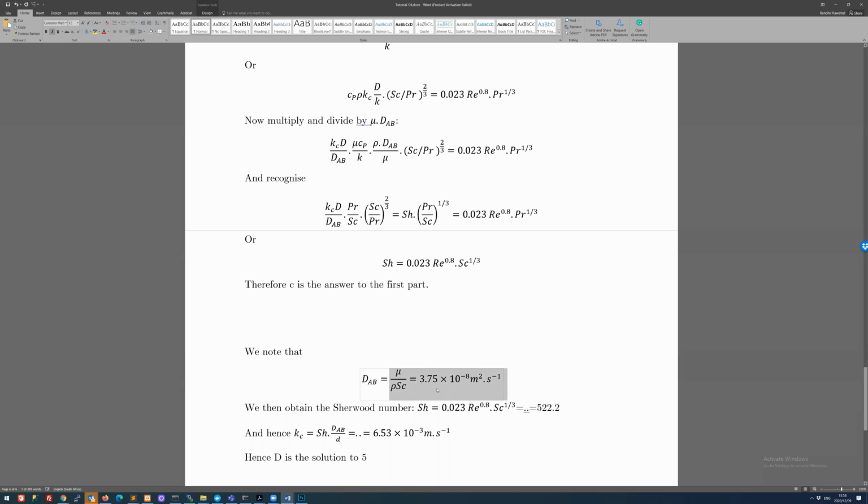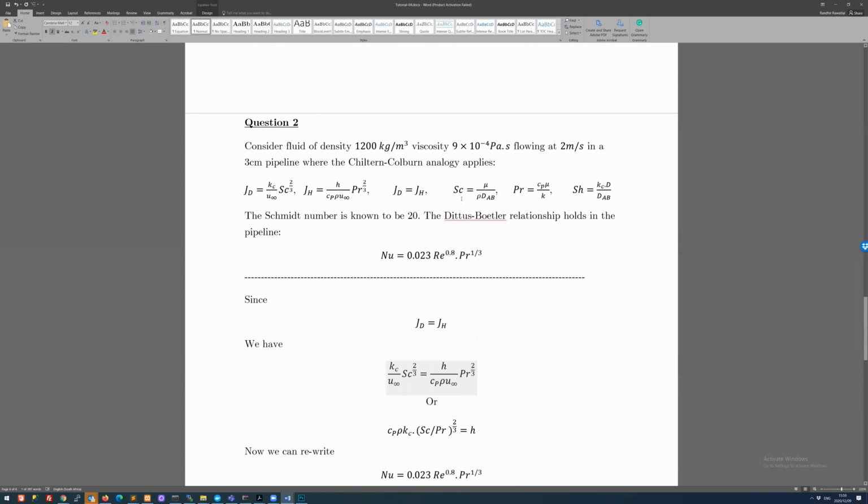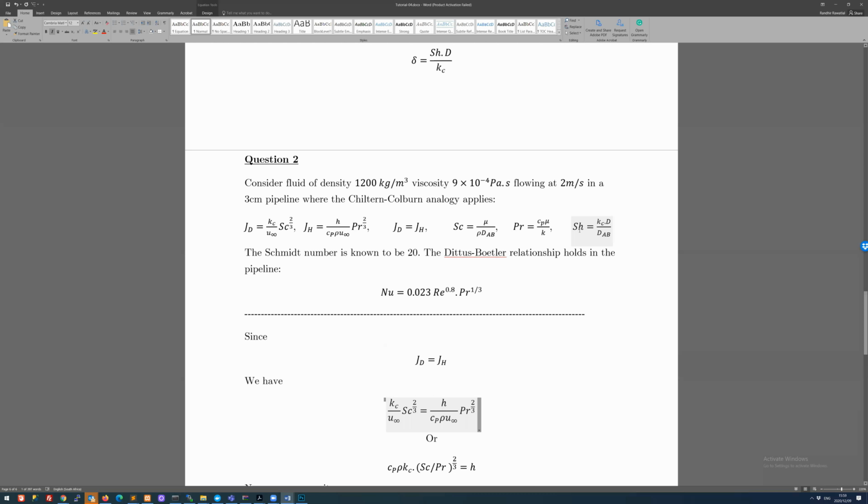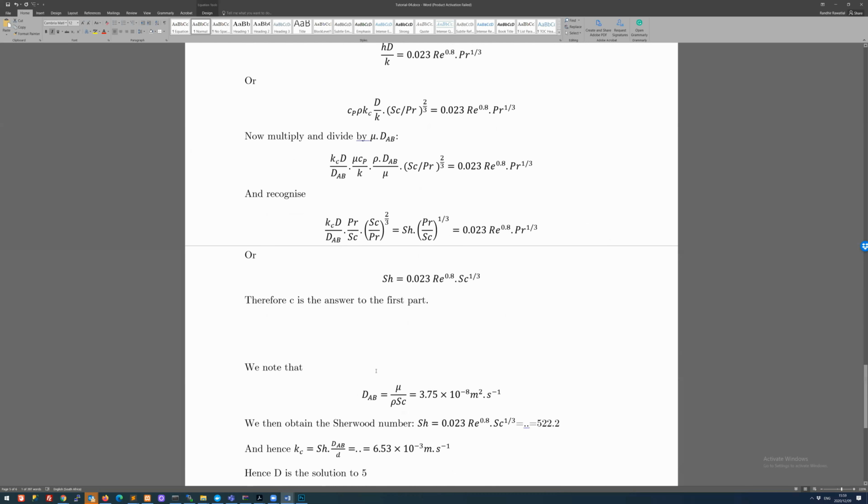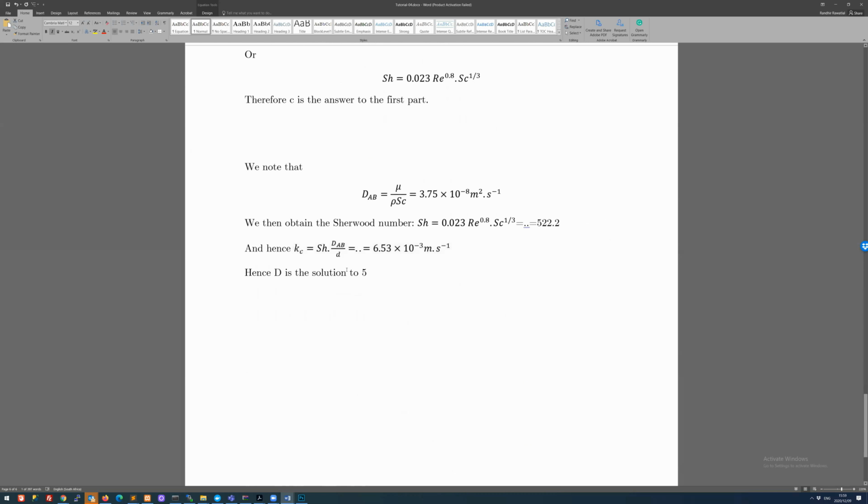And then we are asked also for the mass transfer coefficient. So the mass transfer coefficient is in the Sherwood number. And now we've just shown that we can calculate the Sherwood number using this new correlation.